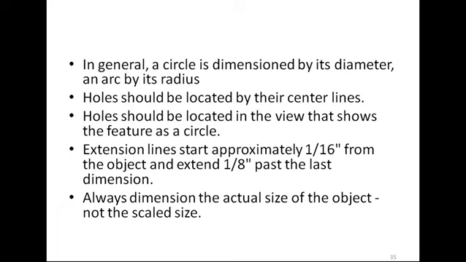Holes should be located by their center lines. Holes should be located in the view that shows the feature as a circle. Extension lines start approximately 1/16 inch from the object and extend 1/8 inch past the last dimension. Always dimension the actual size of the object, not the scaled size.